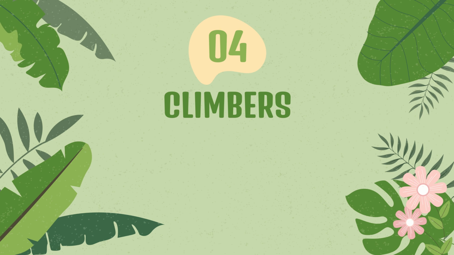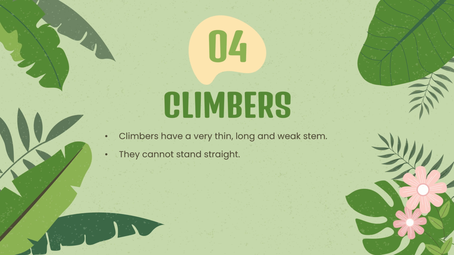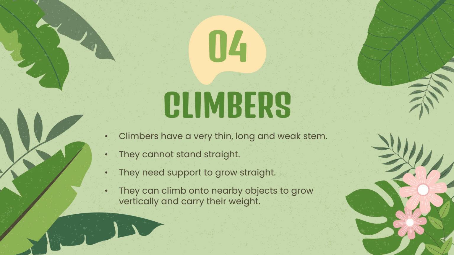Next type is climbers. What are climbers? Climbers have a very thin, long and weak stem. They cannot stand straight. They need support to grow straight. They can climb onto nearby objects to grow vertically and carry their weight.